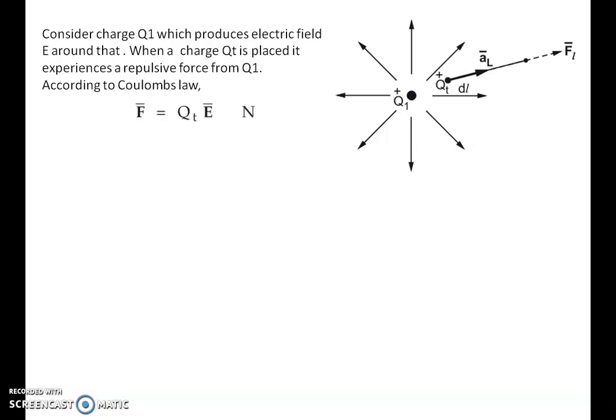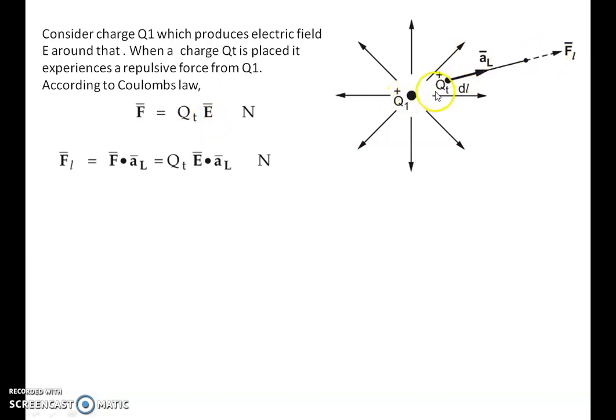So as per Coulomb's law, we can write F equal to the electric field intensity produced from this Q1 into the test charge, which is the force between these two charges, written as QT into E. Now, what will the direction of the force be?